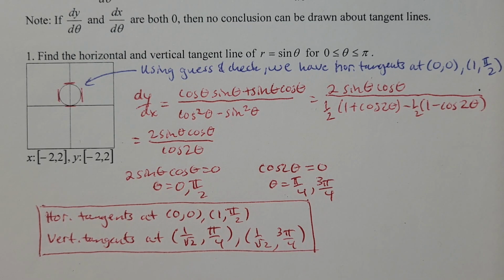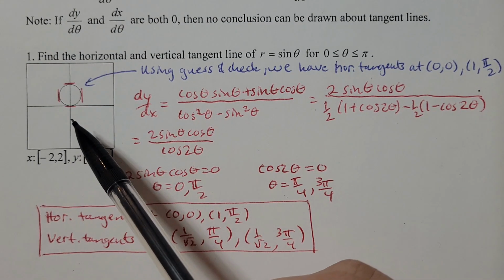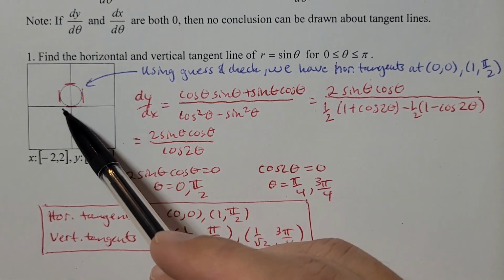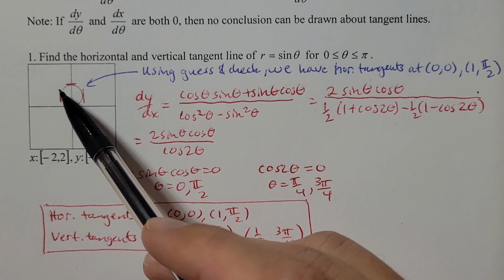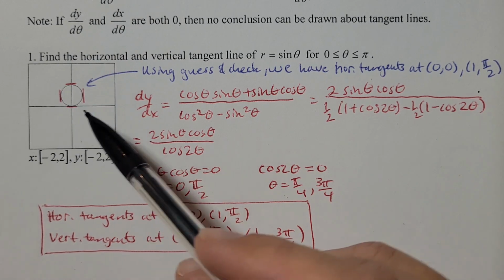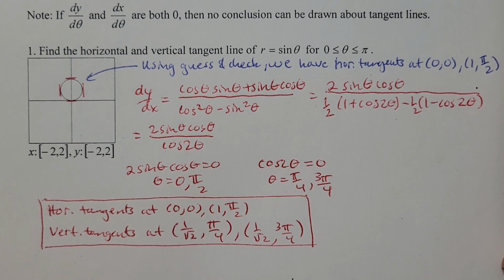Just by looking at this picture, I see that there are going to be 4 tangent lines. You have 2 horizontal tangents, one from the top of the circle and one from the bottom, and then two vertical tangents, one on the left side and one on the right side. I just have to find where they are, the points.